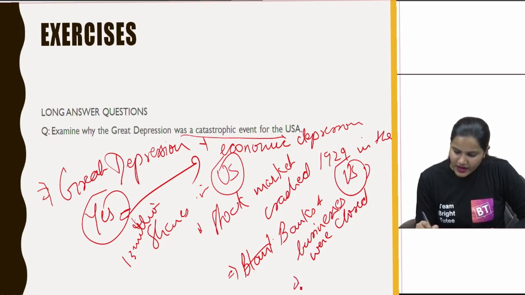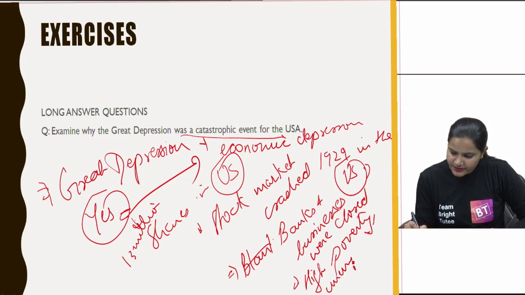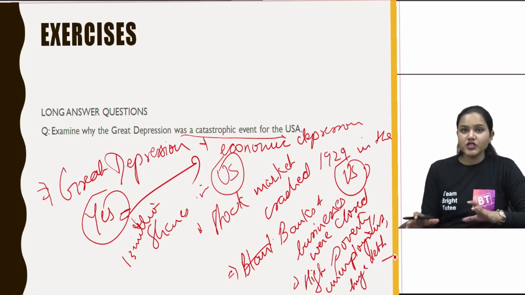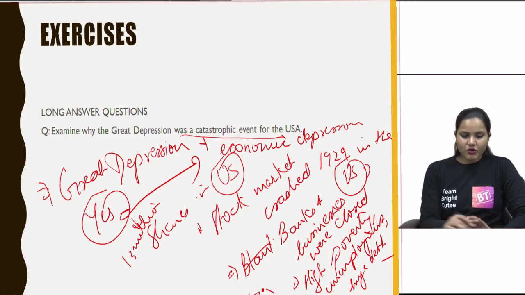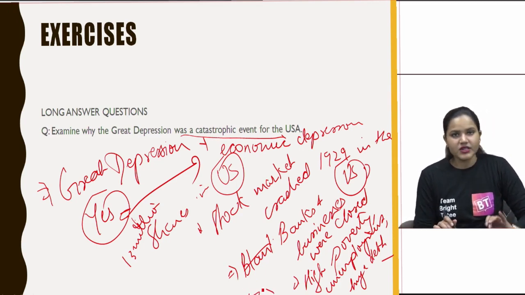Right? High unemployment, high poverty, huge debt. So these are some of the points that you have to mention here that I am writing down. So mention all these points in your answer here, students.